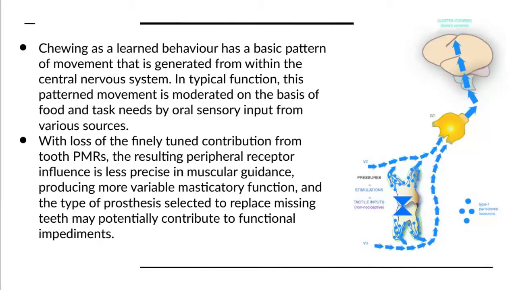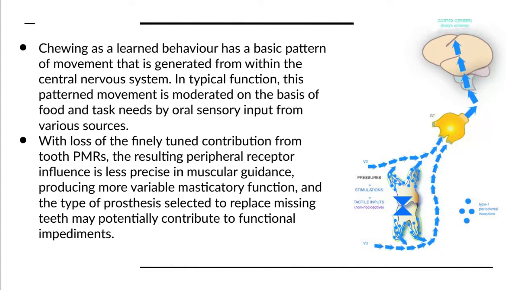So when the patient doesn't have teeth, and when you are fabricating a complete denture and placing it in the patient's mouth, he won't have the exact chewing strokes he had with the natural dentition. So all he has is the muscular guidance that helps him to chew food.